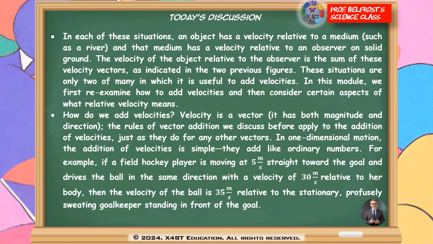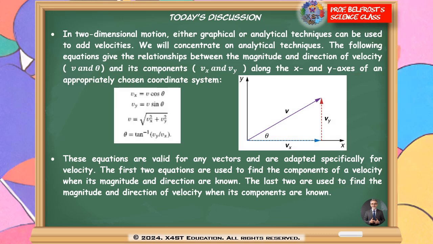For example, if a field hockey player is moving at 5 meters per second straight toward the goal and drives the ball in the same direction with a velocity of 30 meters per second, then this will add up to make 35 meters per second, which is the velocity of the ball relative to the stationary ground. In two-dimensional motion, either graphical or analytical techniques can be used to add the velocities.